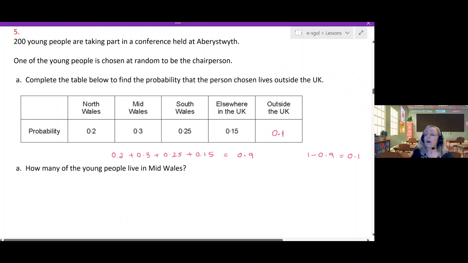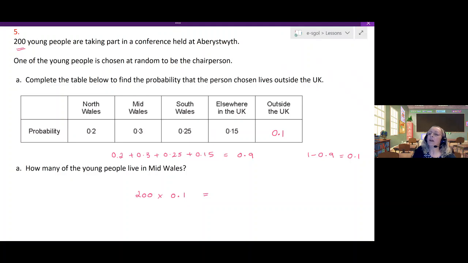Now, for the second part of this, how many of the young people live in Mid Wales? Well, up here it says there were 200 young people. So it's going to be 200 multiplied by 0.1, and that gives us 20 young people. Oh, I've answered the wrong question. I'm looking at outside the UK.